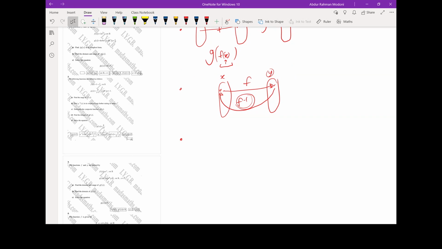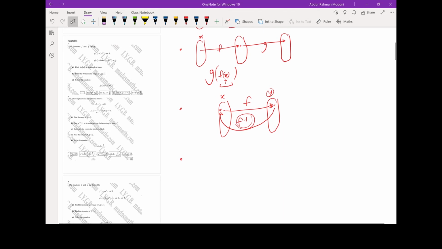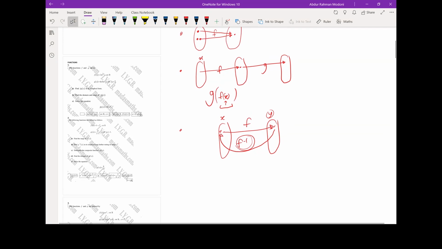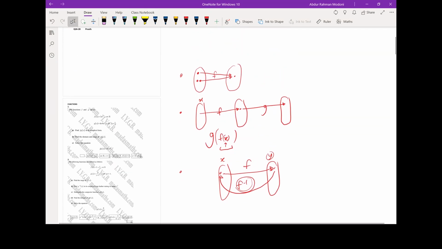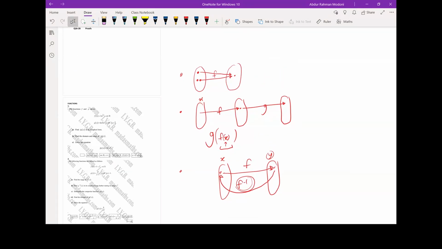If the function is a bit complex to draw, you could use a table of values using your calculator to draw a sketch of what it might look like, to try to understand what the range will be. We'll look at what I mentioned about domain and range in this first question, and I think that's going to be the focus of the functions topic. So let's go and take a look at this first question. Just put this to one side.